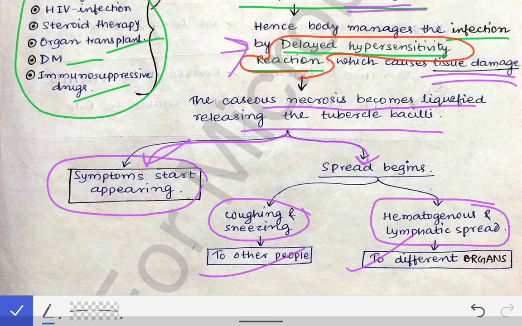When the bacteria are set free, the symptoms also appear. So this is the whole pathogenesis, from the entry of the bacilli into the human body by inhalation, till the appearance of the symptoms and the spread to the other organs of the body.